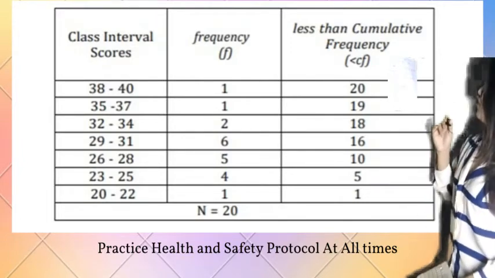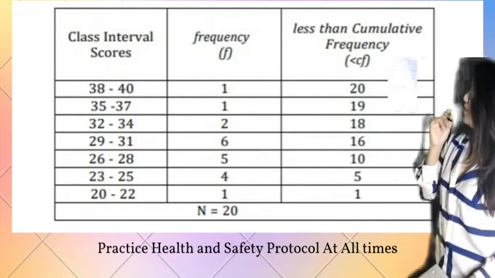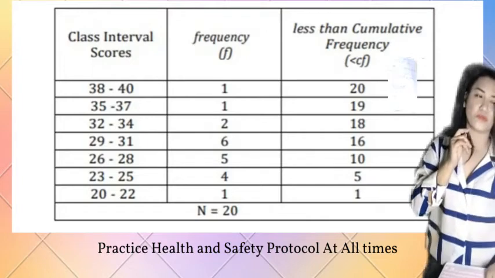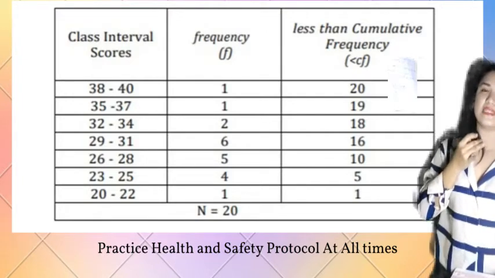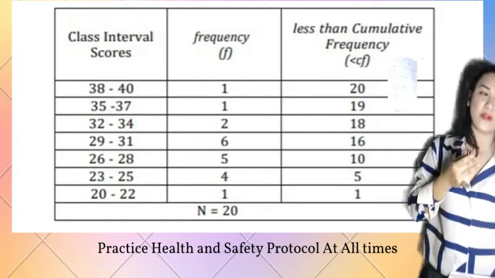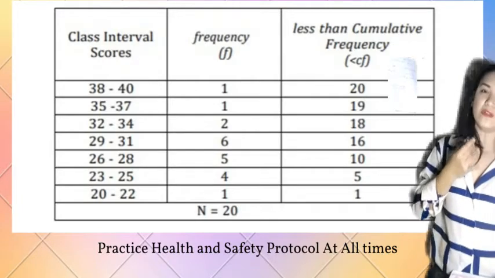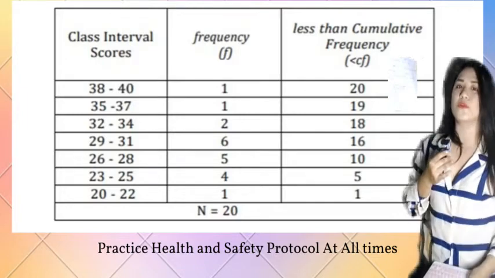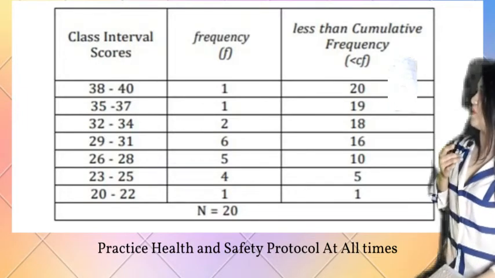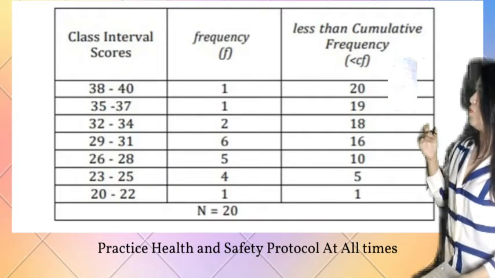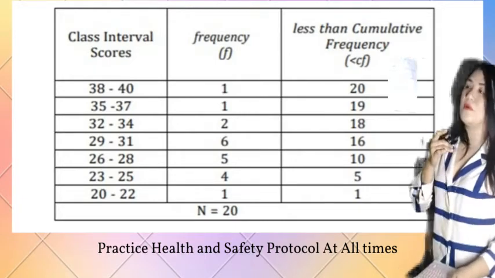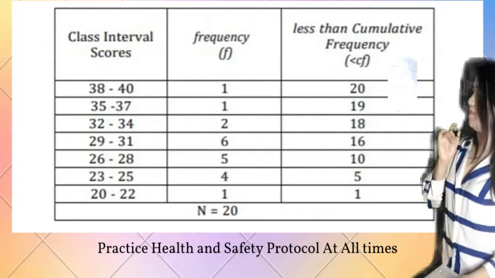Now let's define what we mean by frequency. Frequency is the number of times that a certain value occurs or a particular value appears in that set of data or between the interval. Just like, for example, we got a raw score here. One student scored 39. 39 falls in between 38 to 40.